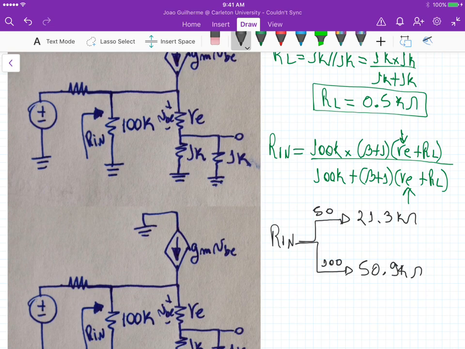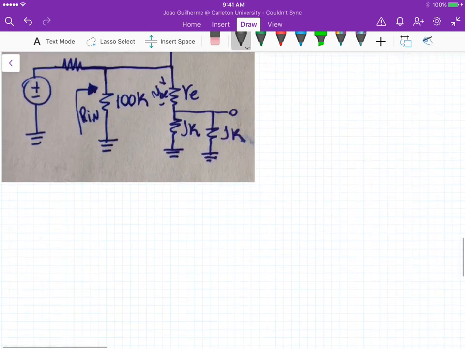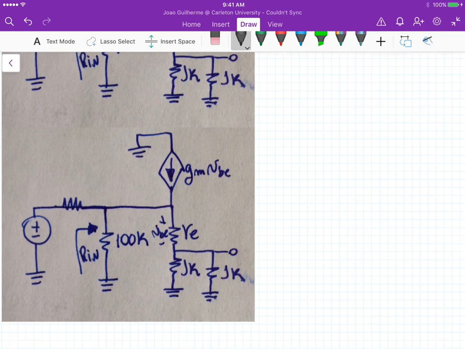Okay, and the last part, let me see if I have it written here, but the last part is part C, that asks us to determine the voltage gain. So find V out over V signal.